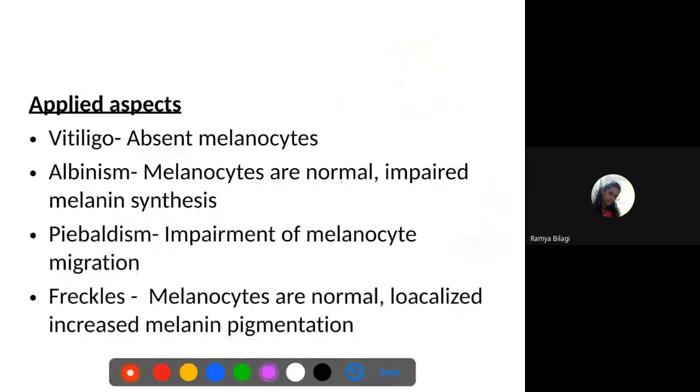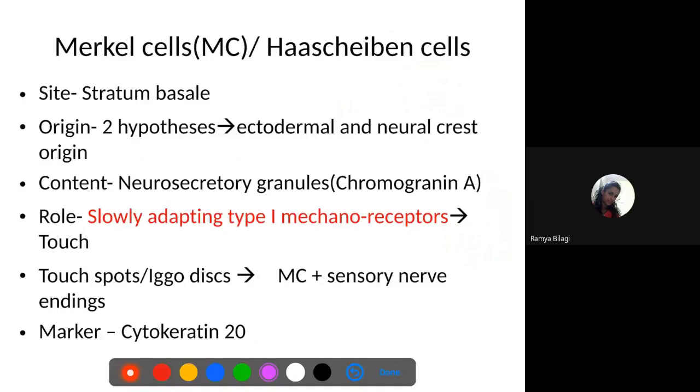Next, Merkel cells. Merkel cells are also called Ashwin cells. They are present in the stratum basale. There are two hypotheses related to the origin of the Merkel cells. They can be of ectodermal origin or neural crest origin.